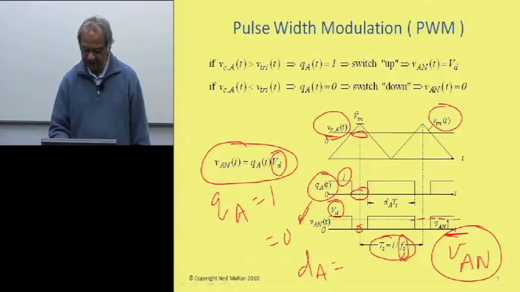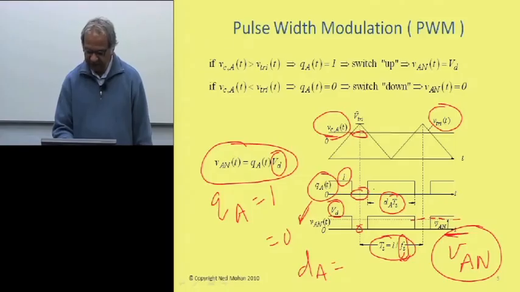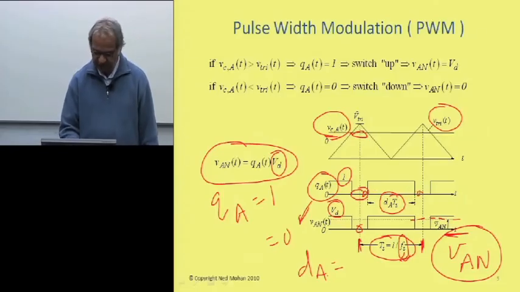So you can see that for the duty ratio times the switching time period, the switch is in the up position, and if you have the switching time period defined here, then for the rest of the time it's 0 here and 0 over here, right?